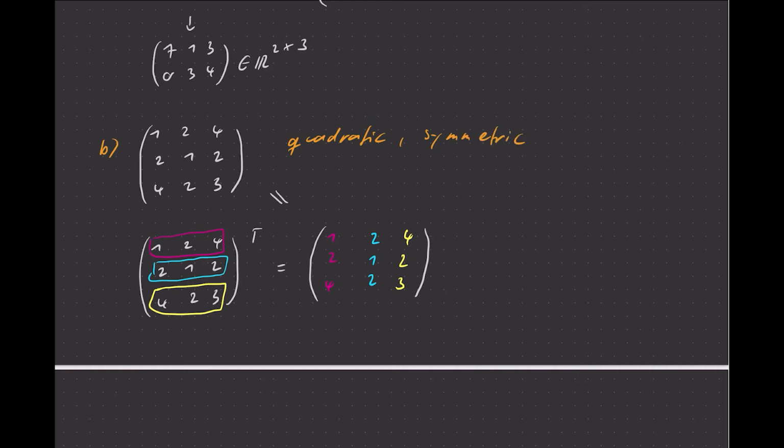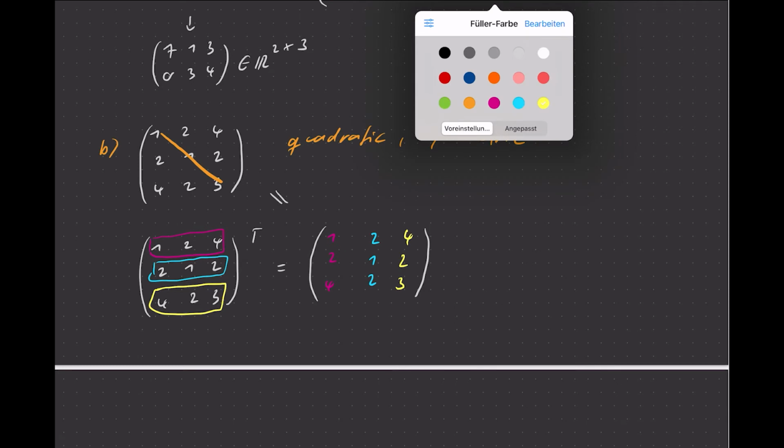And what that means basically is that the entries of the matrix are symmetric with respect to the diagonal of the matrix. So if I draw this diagonal here, you will notice that I can flip the elements across the diagonal.